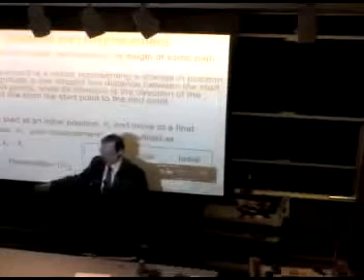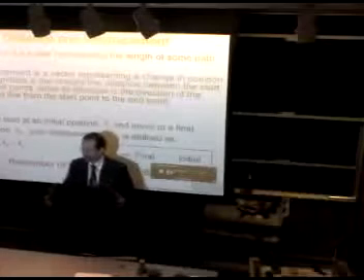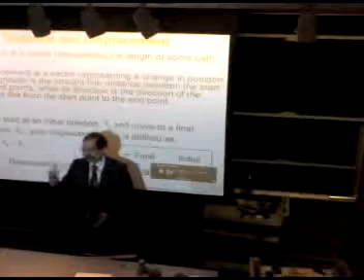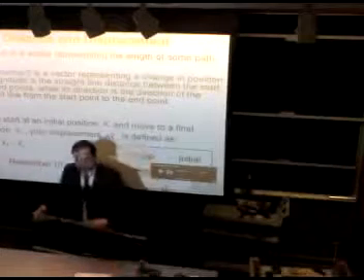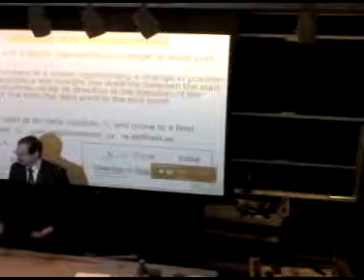Well, in general, the motion could be happening in space. And space is three-dimensional. In general, we need three rulers to describe the position of an object. Usually we call them x, y, z. The simplest motion is, of course, one-dimensional motion. And that's what we're going to talk about first. One-dimensional motion is the linear motion.